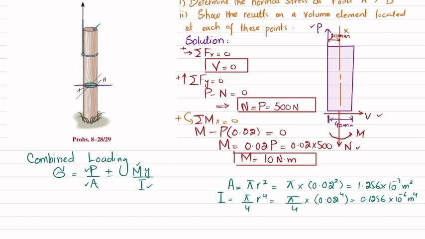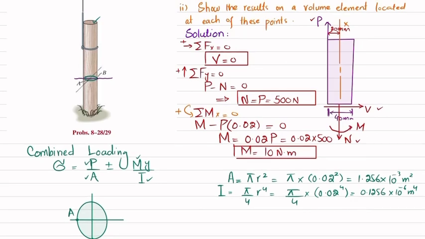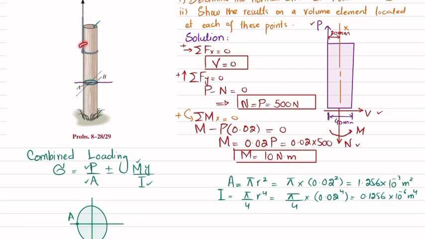If I draw the cross section of that, with its axes horizontal and vertical, this will be its point A and this will be the point B. Why? Because you can see that the moment will be like this. So this will be the neutral axis, and this moment is about this x-axis, which is shown over here.